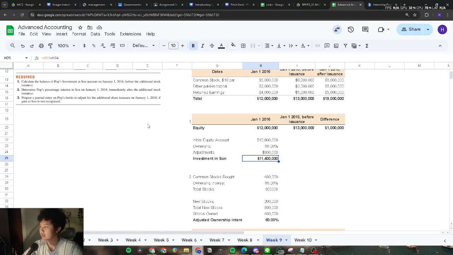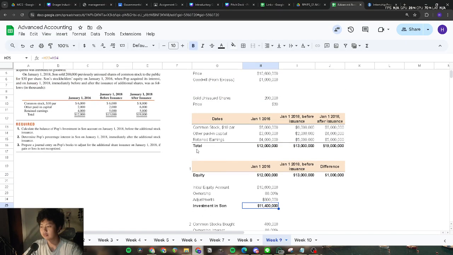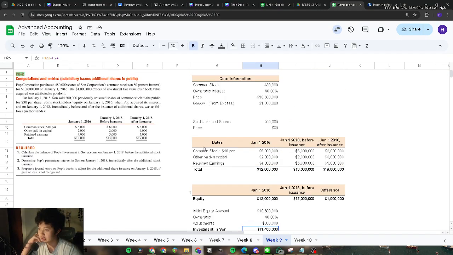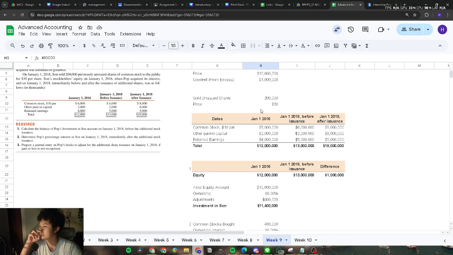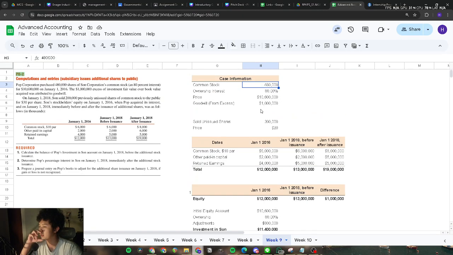So the second question asks us about the percentage interest after the additional stock issuance. Okay, so again, imagine you have a pool, and the initial amount of the pool was 480. So you have common stock of 480 here, but then they sold some of the... wait, I'm sorry. So 480 here is the amount that they bought for 80%.